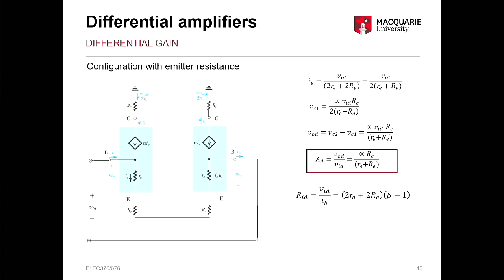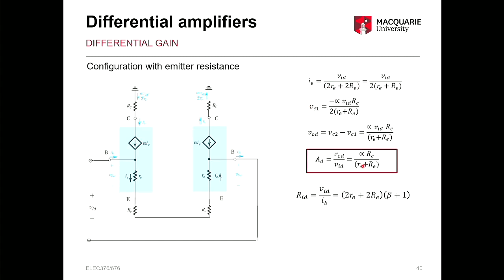So we can go through with the same process as before. The only difference is that instead of just 2RE with the small RE, we now have our big RE as well, this one. So all of our resistance terms in the brackets become 2RE, plus small RE plus big RE.